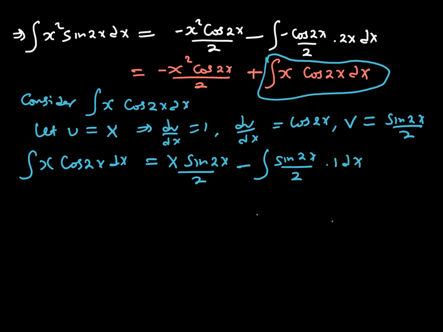So this finally comes to x sine 2x over 2 minus, okay, when you integrate a sine, you get negative cosine. So this is going to be plus the cosine of 2x over 4, okay, and then plus, we shall add a constant of integration after consolidating everything, bring everything together. Let's not add a constant of integration right now, but it will be added in the last stage, okay?